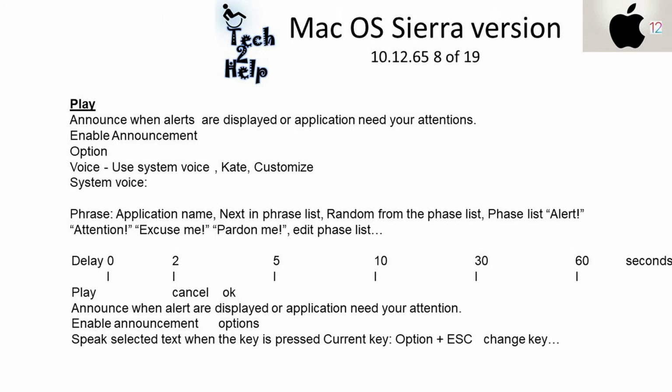Edit phrase list. Delay: 0, 5, 10, 30, 60 seconds. Play, cancel, OK. Speak selected text when the key is pressed. Current key: Option plus Escape. Change key.